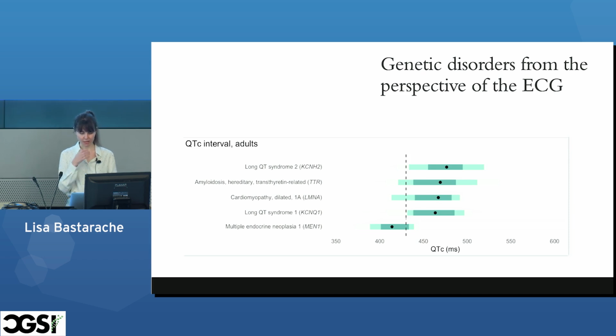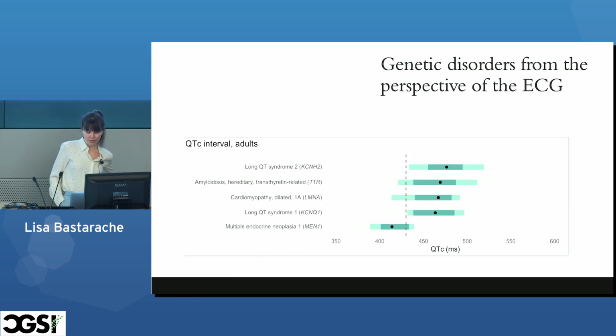What we see is that if we take the QTc measure of individuals affected by genetic disease and compare them to the population, we do reproduce these known long QT syndrome associations, and actually TTR amyloidosis is known to prolong the QTc interval as well, and we're able to replicate those associations. And then we had this association down here from multiple endocrine neoplasia, which is associated with a shorter QTc interval, and I was at first like, oh no, this is obviously a false positive, this isn't working very well.